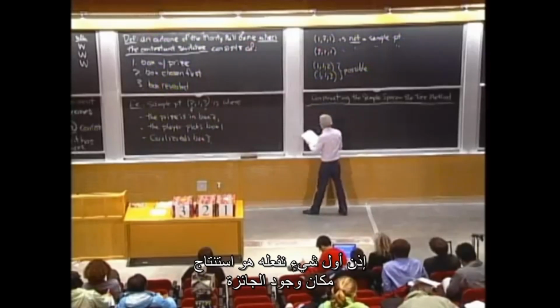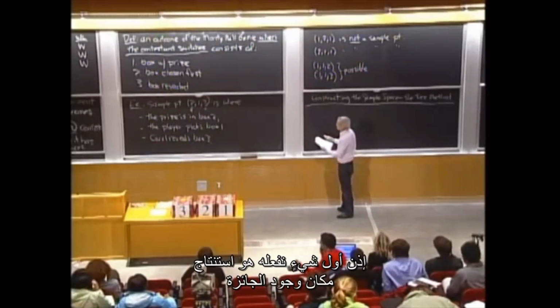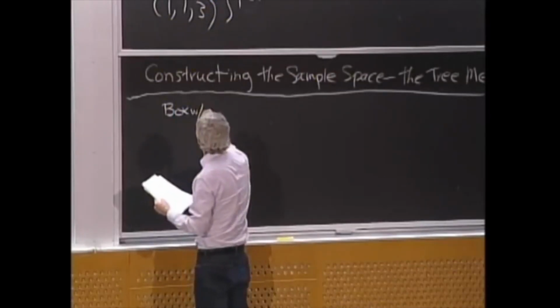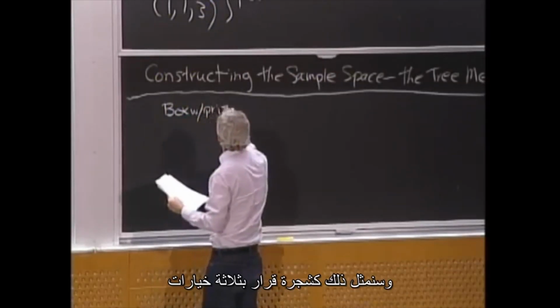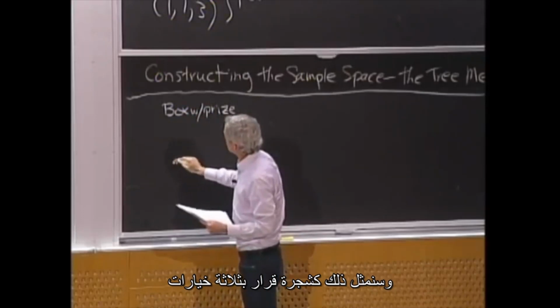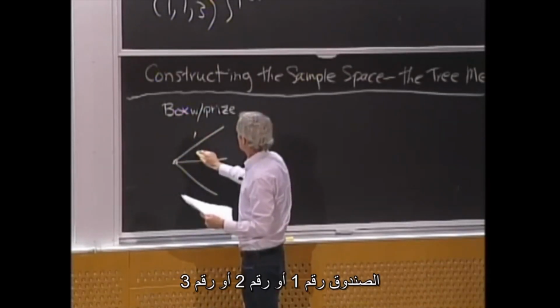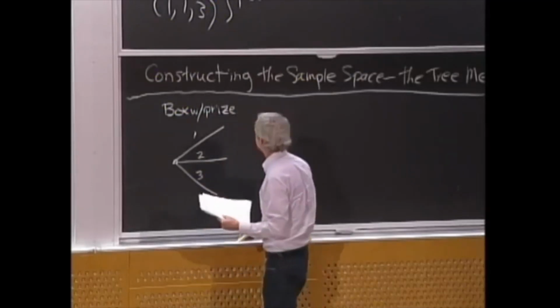All right, so the first thing we do is figure out where the prize is. And we'll represent that as sort of like a decision tree. There's 3 choices. It's in box 1, box 2, or box 3.